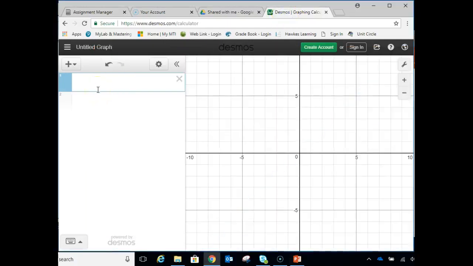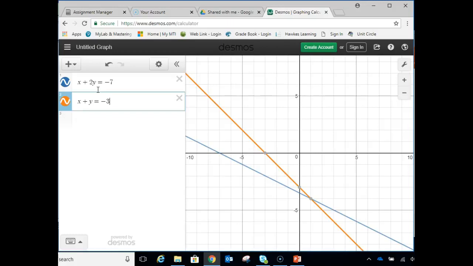So if we take that system, x plus 2y equals -7, graph that line, and then x plus y is equal to -3. I'm just doing it on here so that we can see a real accurate graph versus a sketch. It looks like a solution is right here, which is about 1, -4.